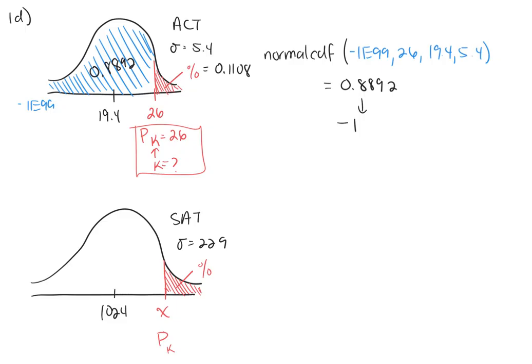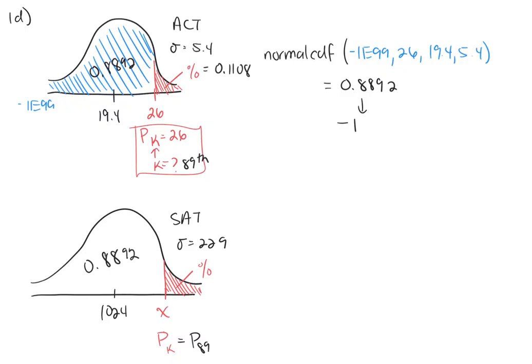So an ACT score of 26 is in the 89th percentile. That means I am looking for an SAT score that also sits in the 89th percentile, so the area to the left of that unknown SAT score is also 0.8892.